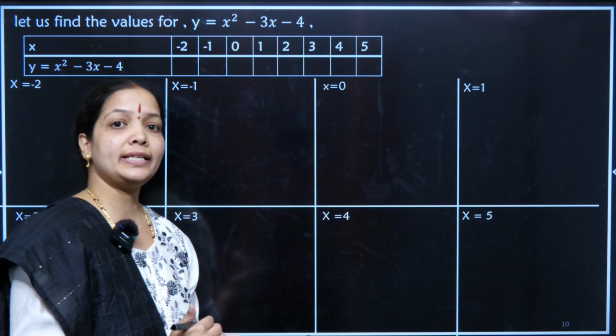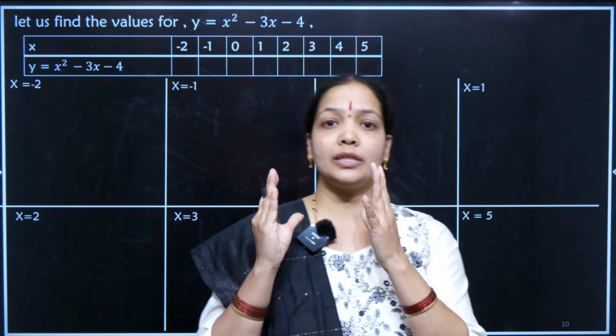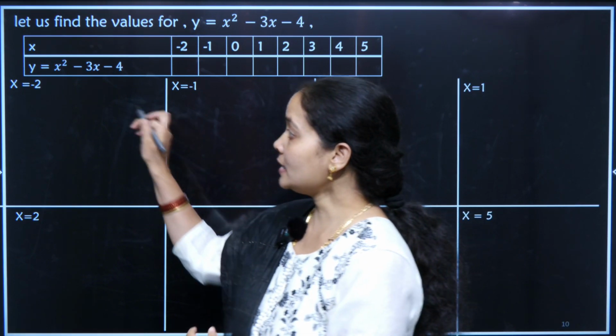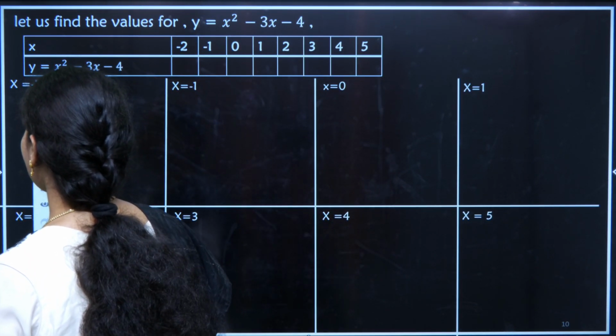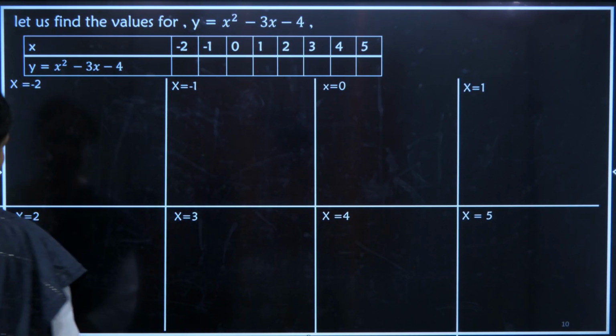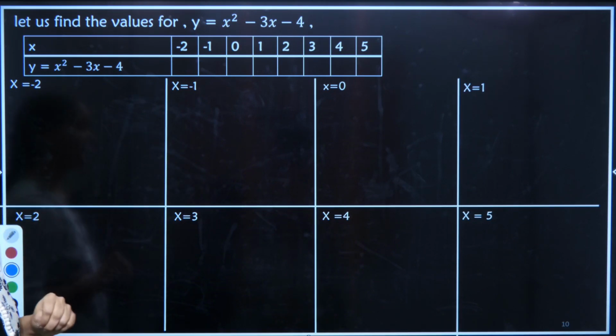We are substituting certain values of x in the given equation and finding out the y coordinate. We are substituting when x is negative 2. What is the exact value of y so that I can plot it on the graph is my aim in this part of the chapter.